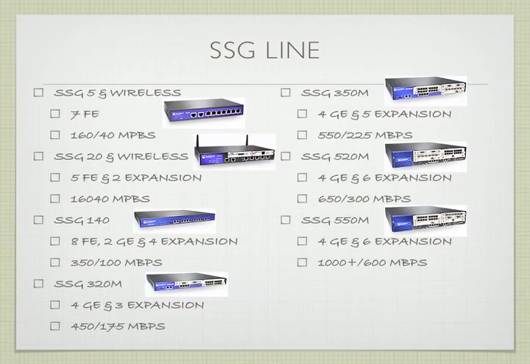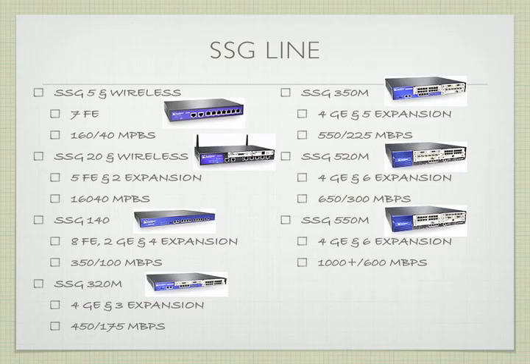These are the SSG line in particular. They range from the SSG 5 up to the 550M. And what's listed on the slide here are the number of interfaces and their type that are built in to the device and the amount of traffic that the device is capable of handling in total and the amount of VPN traffic that it's capable of handling.